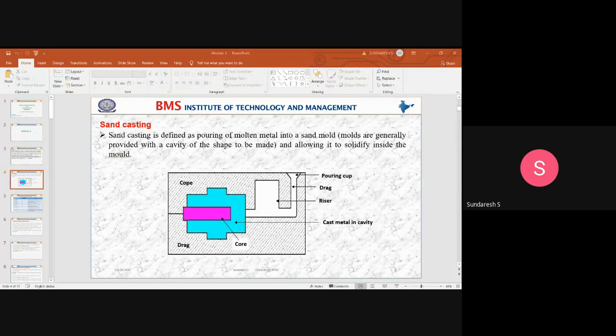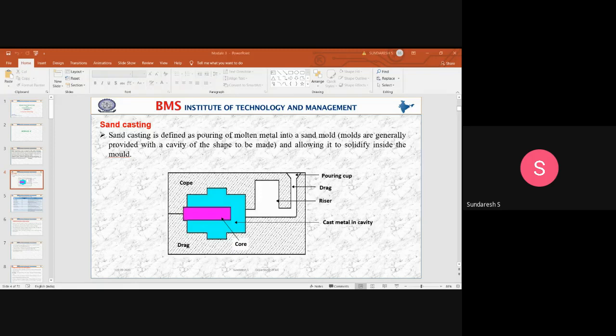Once you pour molten metal through the runner, it flows into every part and corner of the cavity through the gate system, or gating. So through gates, the molten metal will flow and fill the mold cavity.